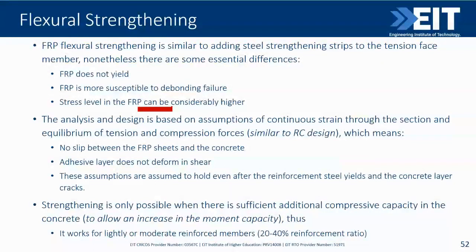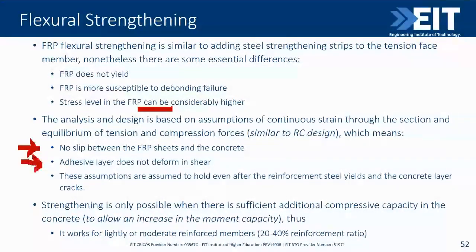The analysis is based on the assumption of continuous transition and equilibrium of tensile and compressive forces, which is similar to the design of steel reinforced concrete. That actually means a couple of things. No slip between FRP sheets and concrete.